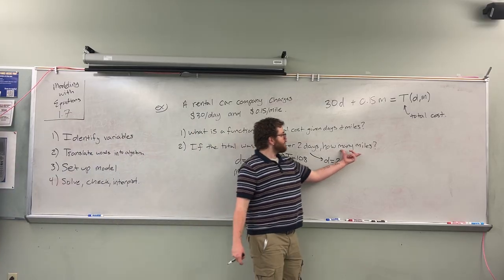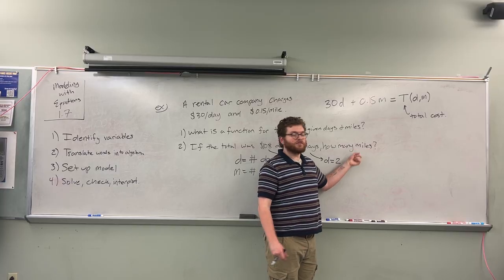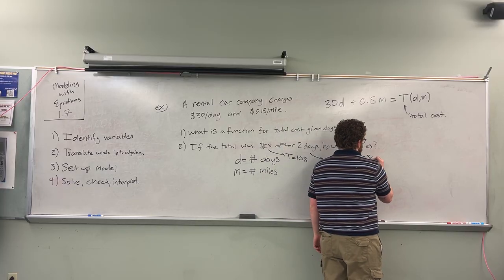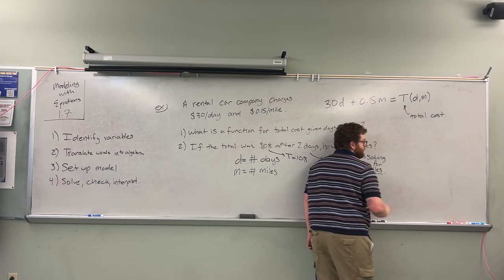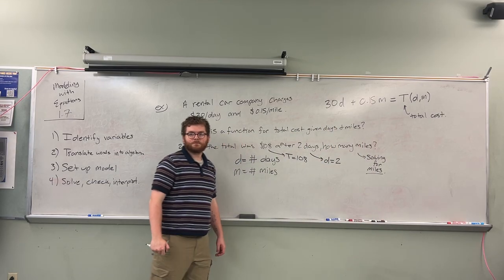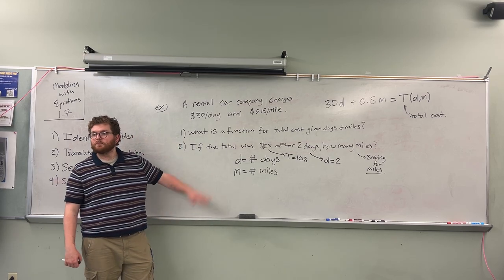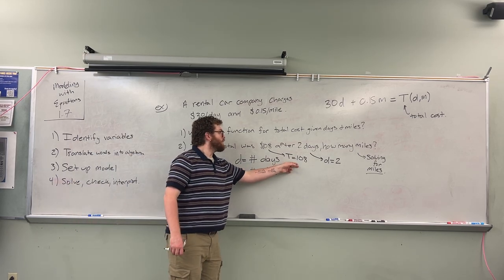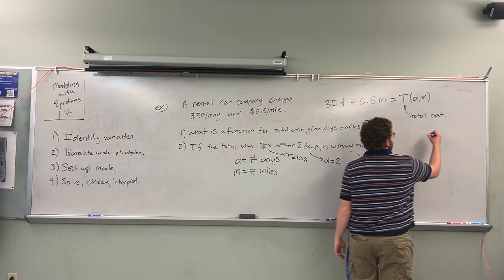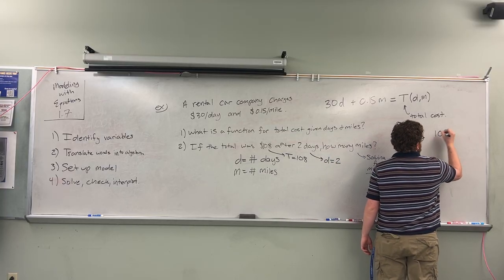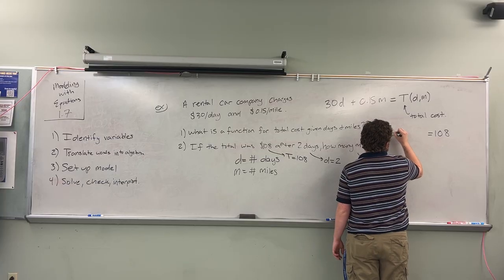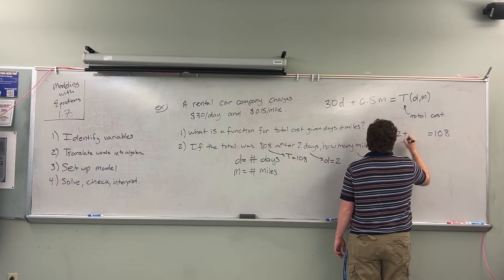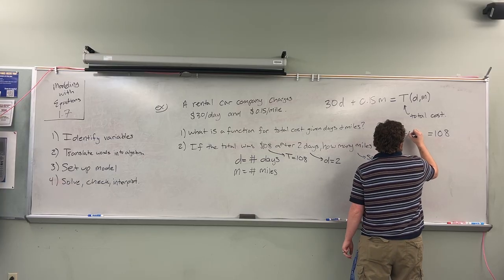How many miles means we're solving for miles. So I'm going to plug my stuff in there. T is 108. D is 2. And miles is what we're solving for.